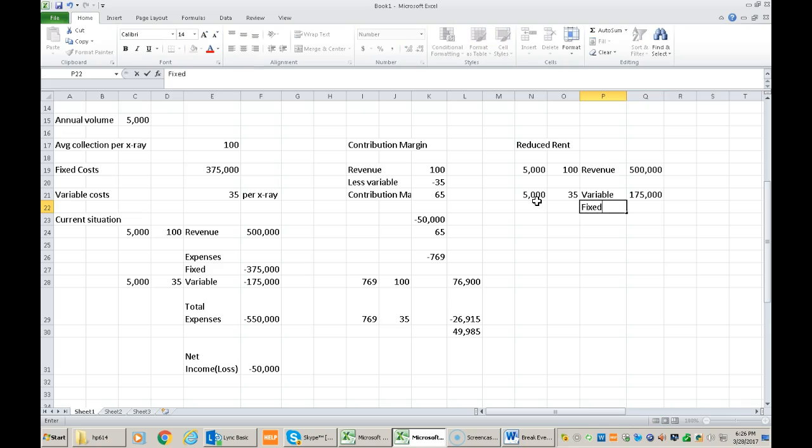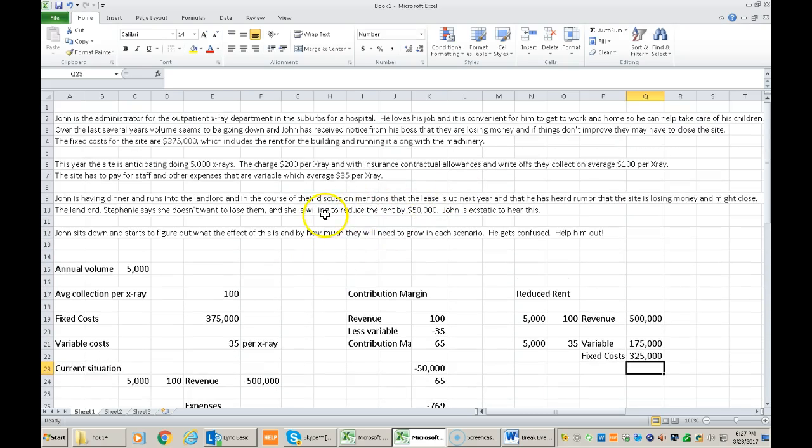And we have our fixed costs, which are going to be now reduced from $375,000 to $325,000, right? That's what we said they were going to reduce.